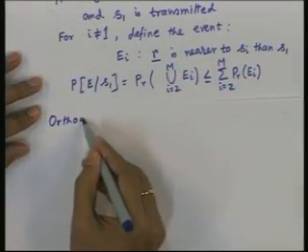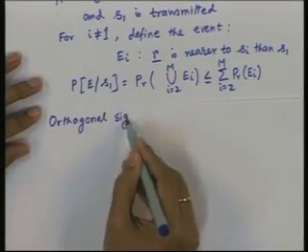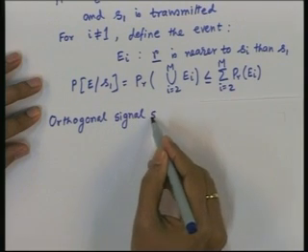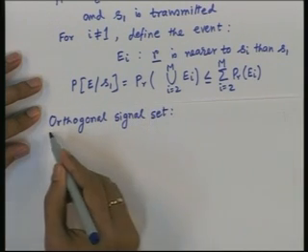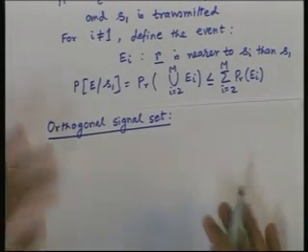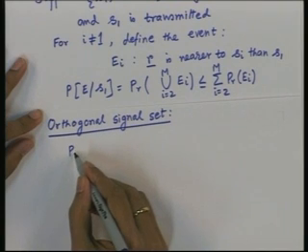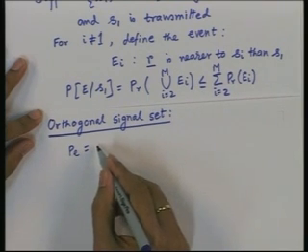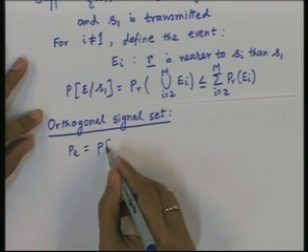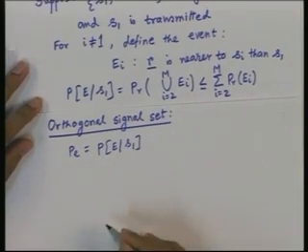So, for orthogonal signal set, the probability of error is same as the probability of error given S1 is transmitted.